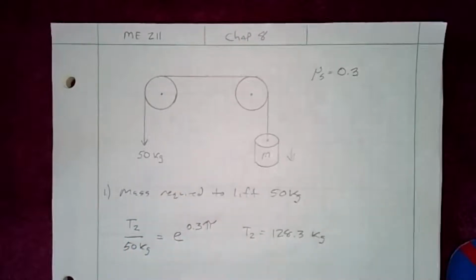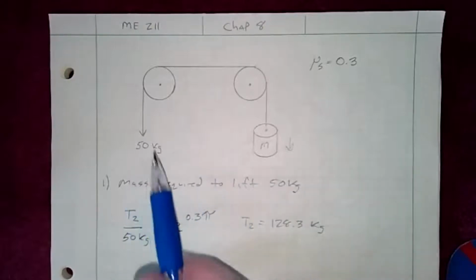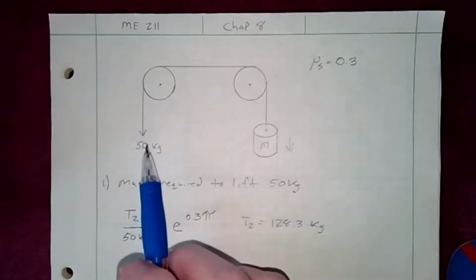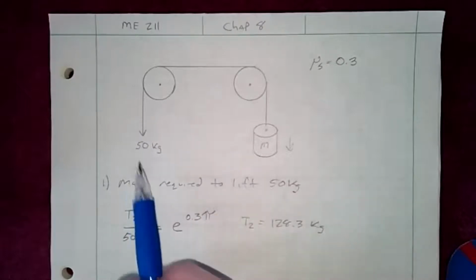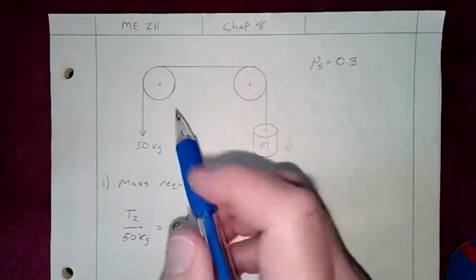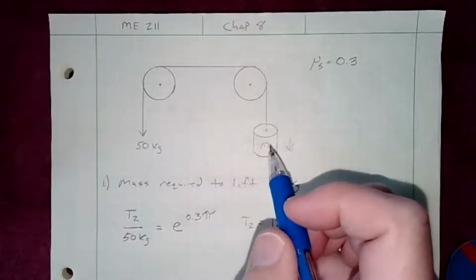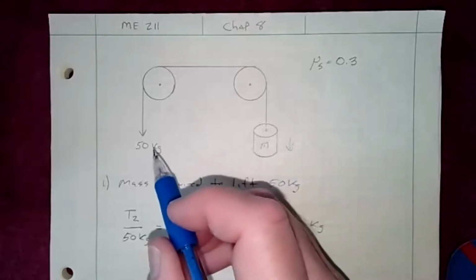Now, another way we could look at this problem is if, say, we're trying to lower the 50 kilograms. So let's say you're trying to lower this load down like a Hacksaw Ridge style. You're trying to lower someone down, and this is how you have it set up. How much would you need to keep this in equilibrium?